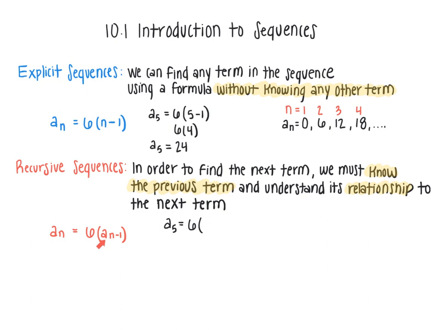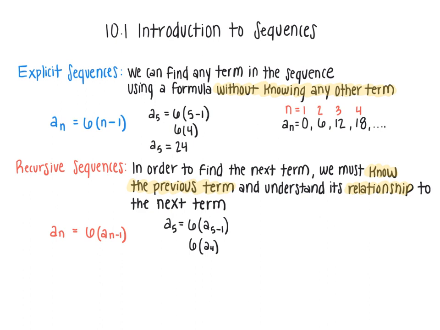So this is saying A sub 5, right, minus 1. So let's just go ahead and write that as is. So A sub 5 minus 1. So if I subtract 1 from 5, I get A sub 4. So now the problem becomes 6 times the value of the fourth term.